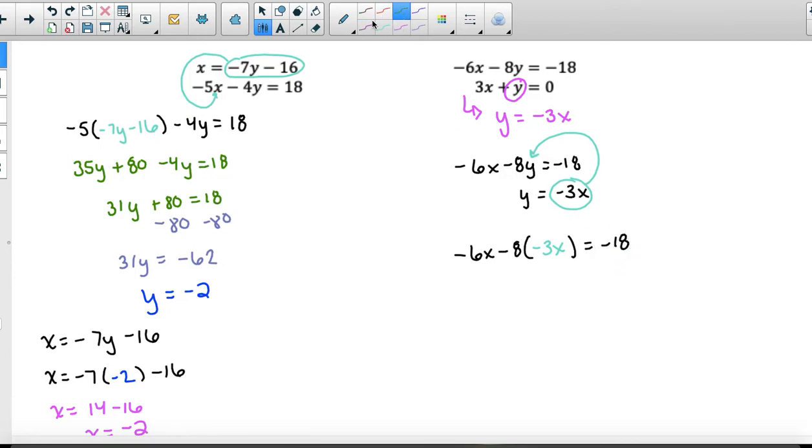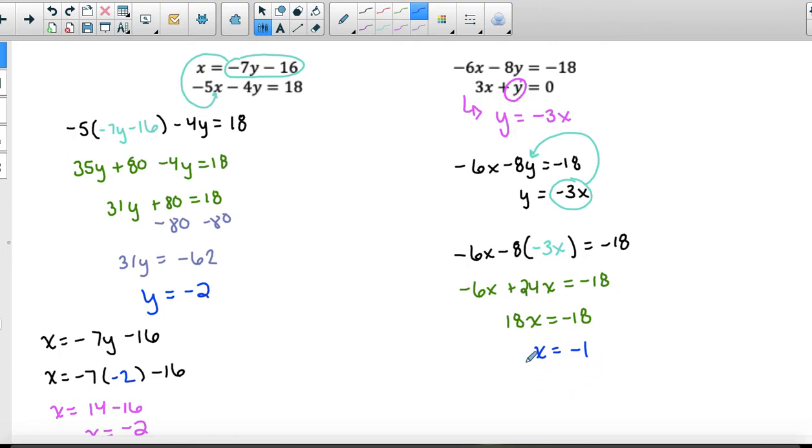Now we can use the distributive property and solve for this variable with x. We'll have negative 6x, and then negative 8 times negative 3x is positive 24x, equal to negative 18. Negative 6x and 24x combined give us 18x, equals negative 18. When we solve for this, we'll have x is equal to negative 1.